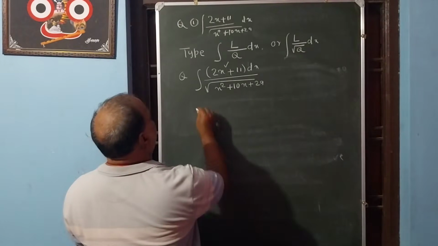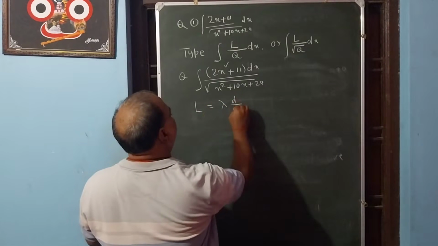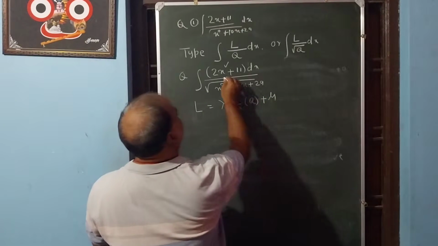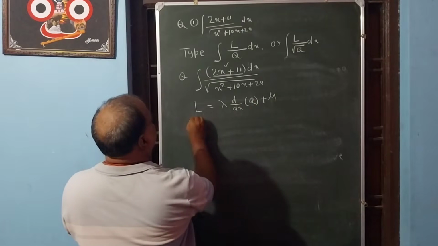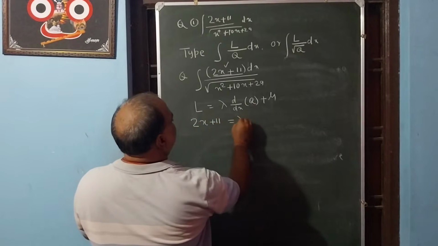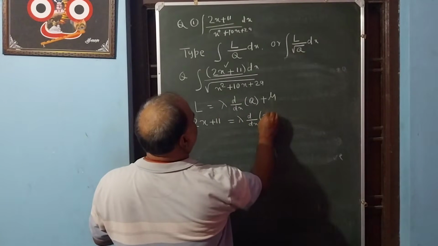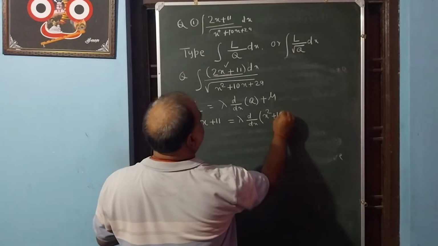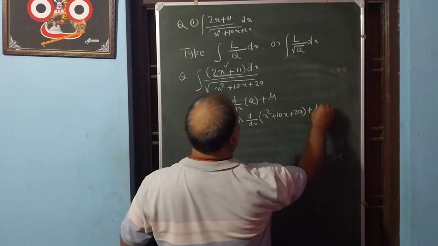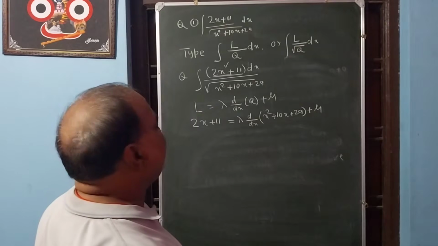Linear is equal to, we know L is equal to lambda d dx of quadratic plus mu. Here linear is equal to 2x plus 11. Lambda d dx of quadratic, meaning x square plus 10x plus 29, plus mu, where lambda and mu are constants which can be determined.